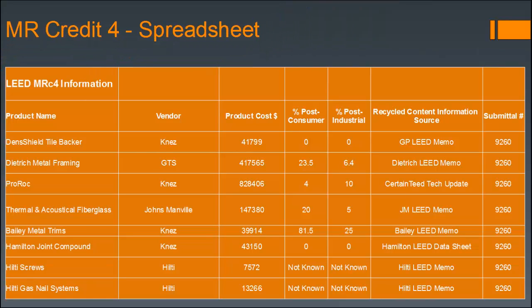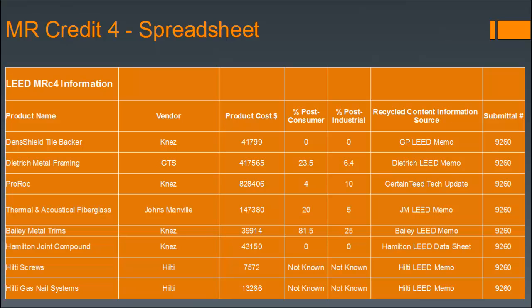Here's an example of a spreadsheet to calculate recycled content. What our GBIM software does is then take this information and calculate your totals towards your goal, that 10% of your total material cost value, for example, if that's your goal.